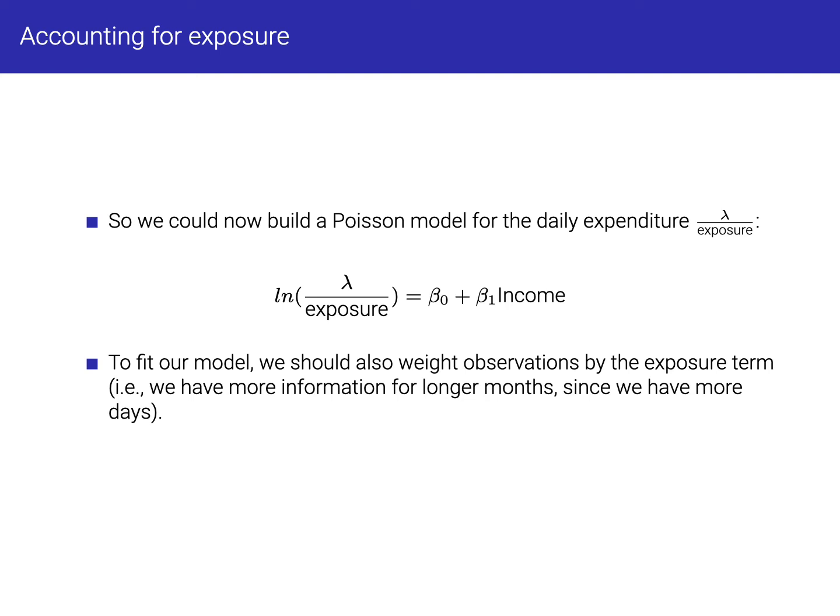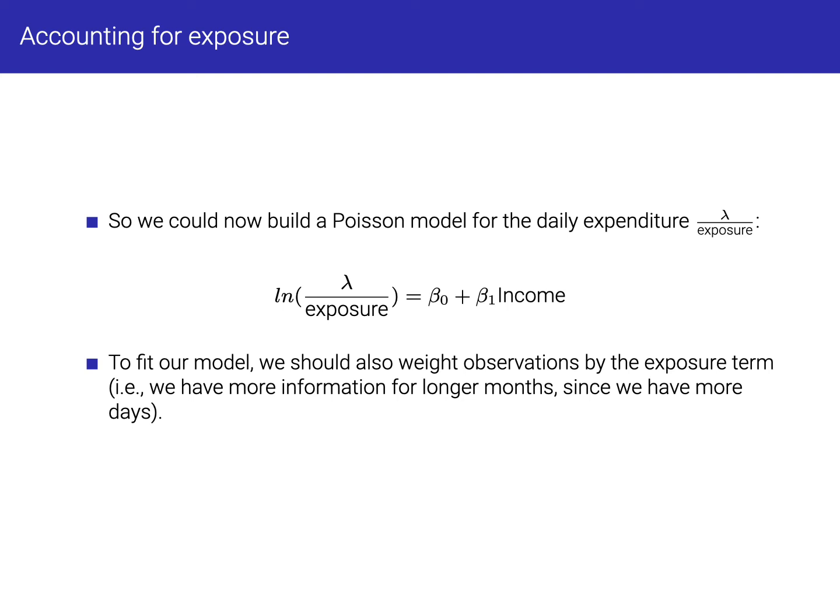The idea here is that it's probably natural to think about solving the problem this way: rather than predict the expenditure per month, if we know that the months don't have the same days, what we could do is just compute the daily expenditure, so the expenditure per day instead.